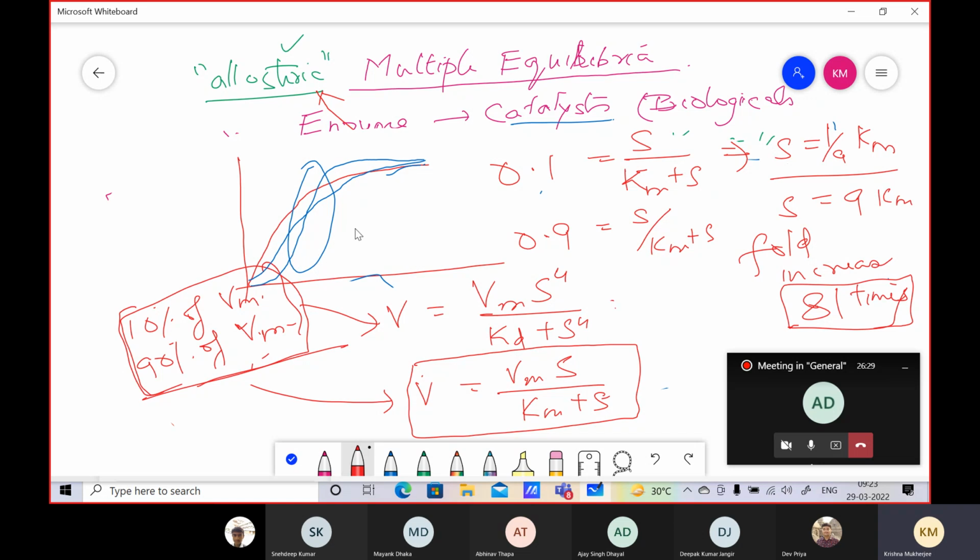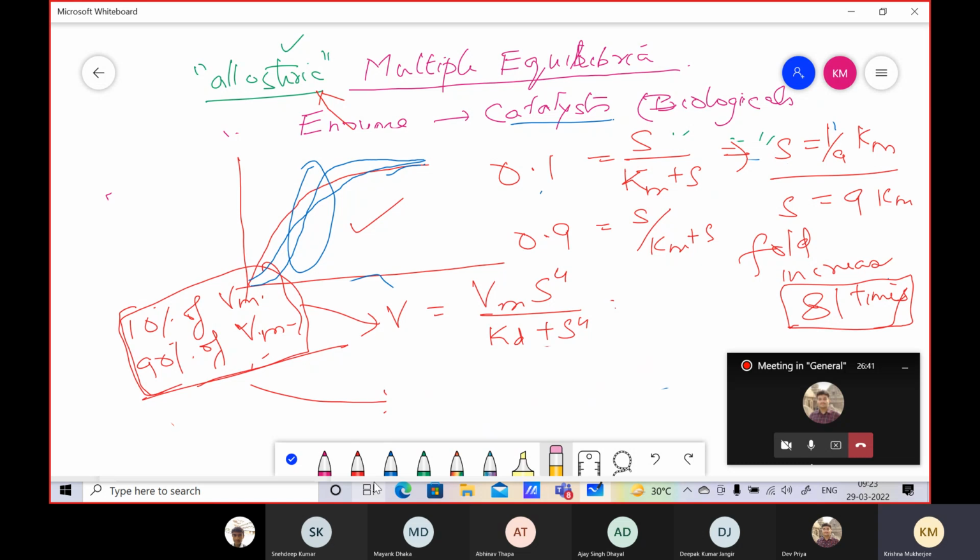Now let us look at this fellow here with a power raised to 4. How much fold increase will be needed? So again, 0.1 is S raised to 4 upon Kd plus S raised to 4. And if you want, you can write Kd raised to 4, just for convenience.